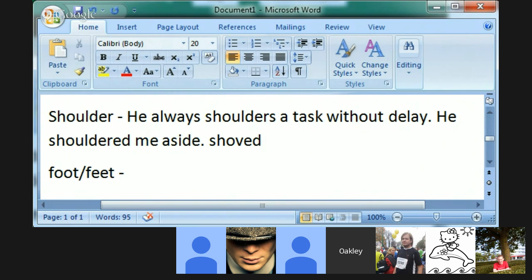Okay, can foot be a verb? Might be, but I don't know. Go or walk, maybe. I'm trying to think.